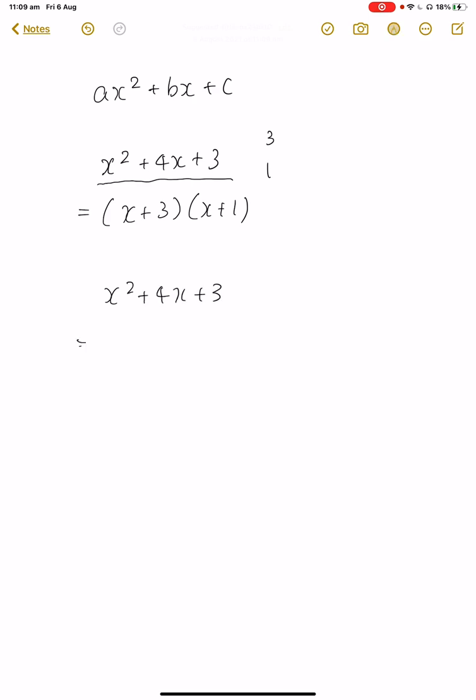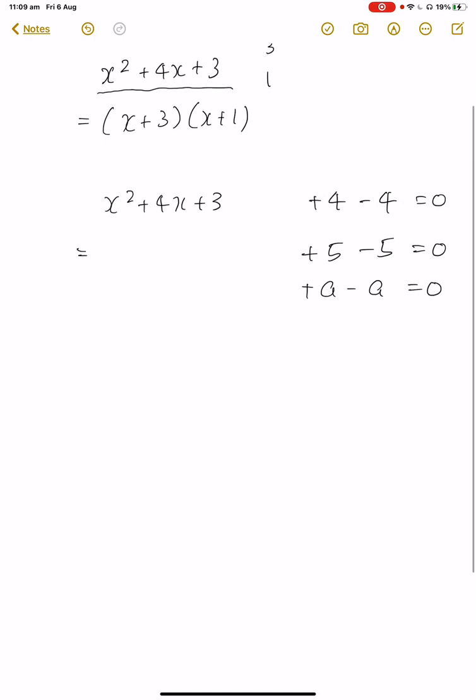You can actually create a perfect square by adding and subtracting the same thing to become 0. Since adding one thing and subtracting the same thing is always going to be 0, you're going to utilize this to create a perfect square.